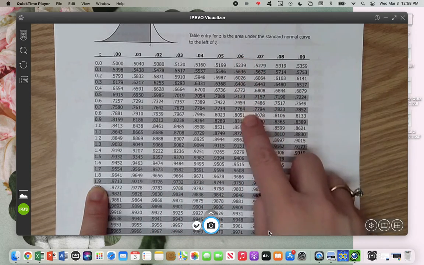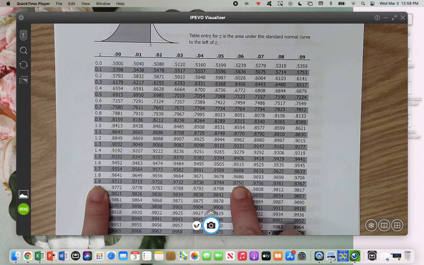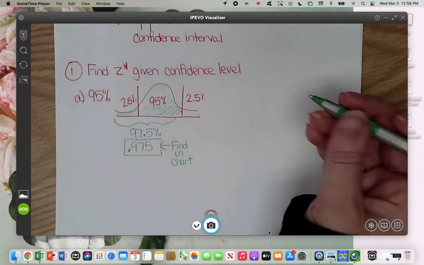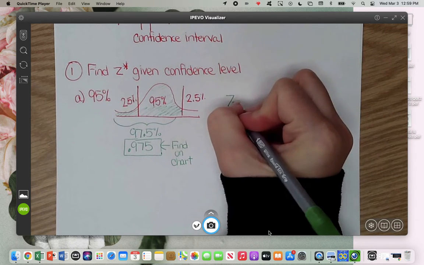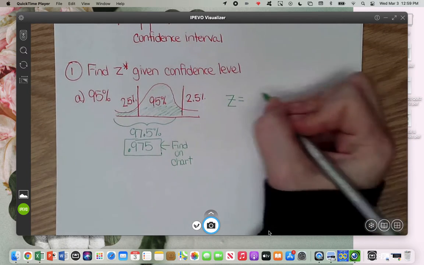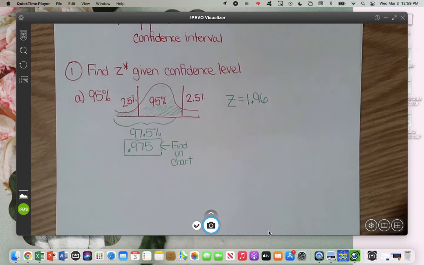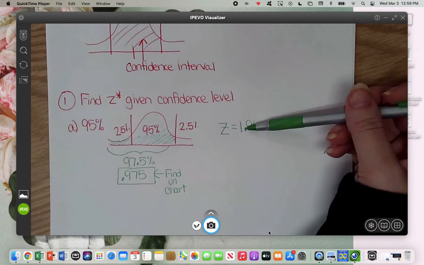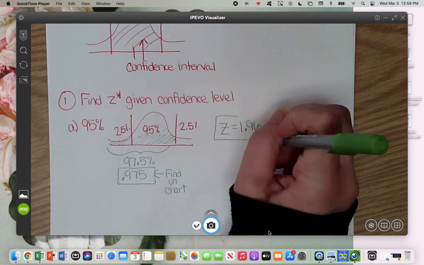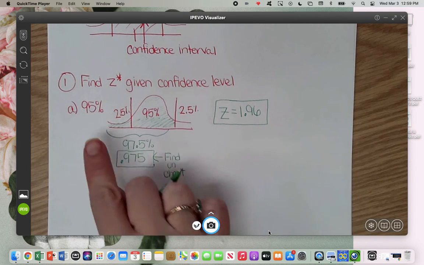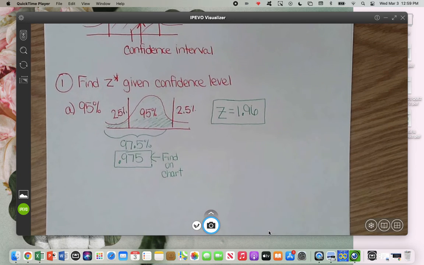This corresponds to a z-score of 1.96. So whenever I am told to use a 95% confidence level, the critical value z that I plug into my formula, which we will deal with tomorrow, is 1.96. This is what we're focusing on today. I give you the confidence level, we find the z-score.